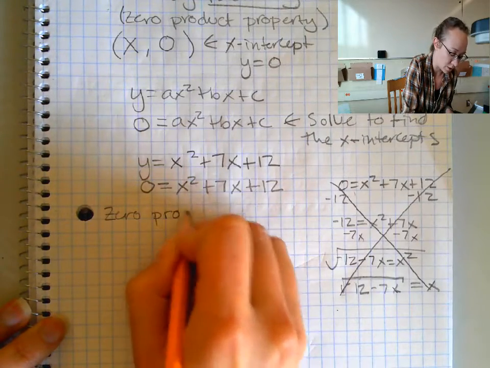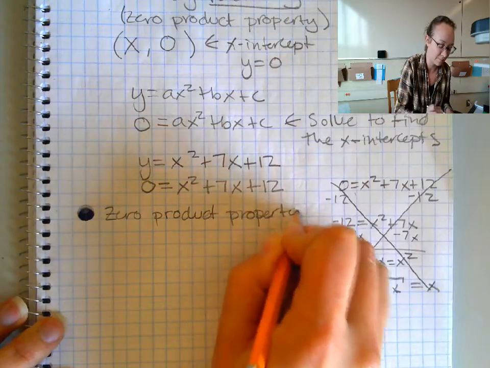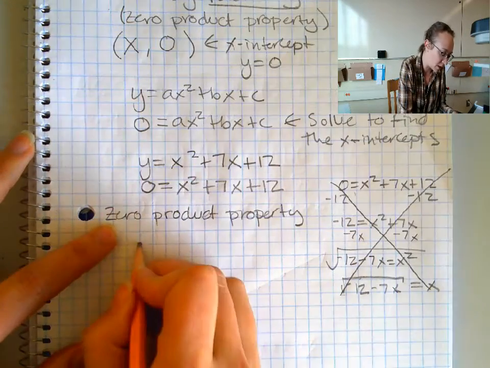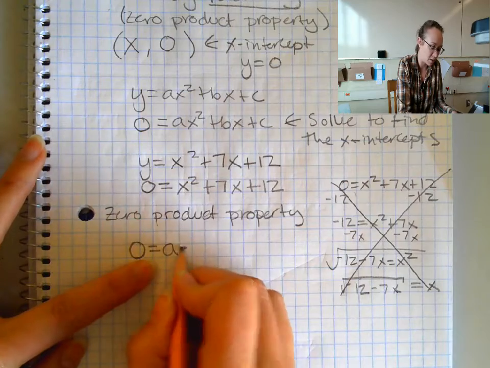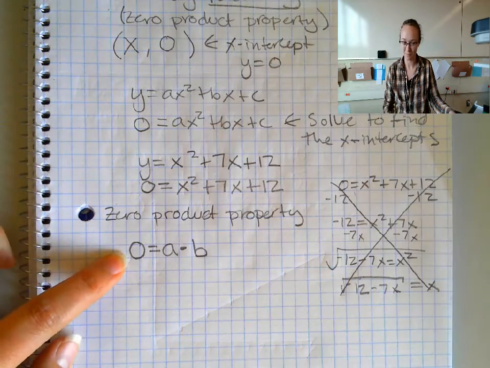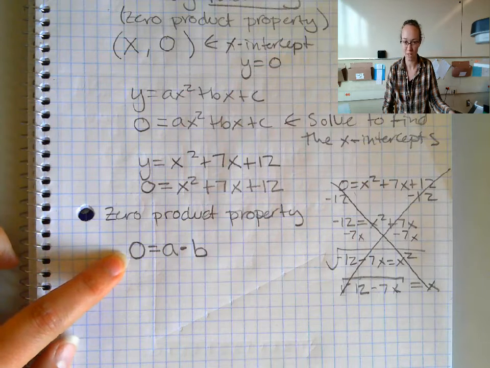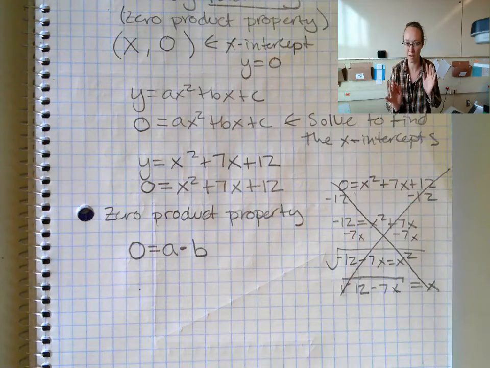Zero product property. Now let's say that I know that there are two numbers, a and b, and that when I multiply them together, I get 0. That's all I know about them. What can I deduce from this fact? Take a minute and think about it.